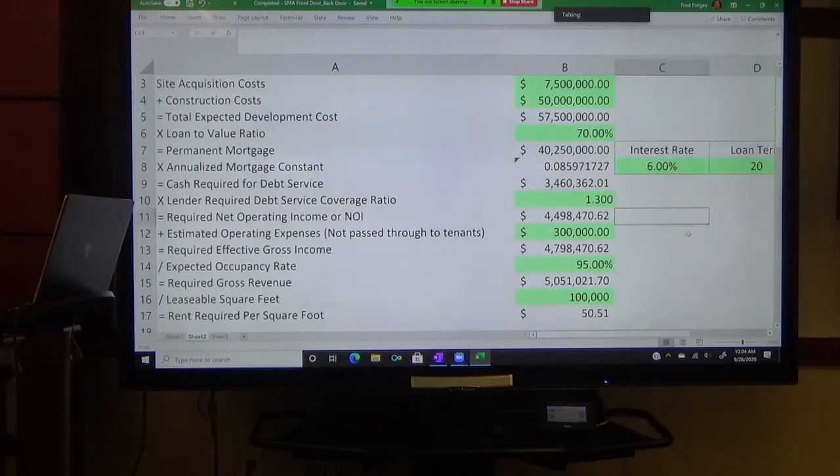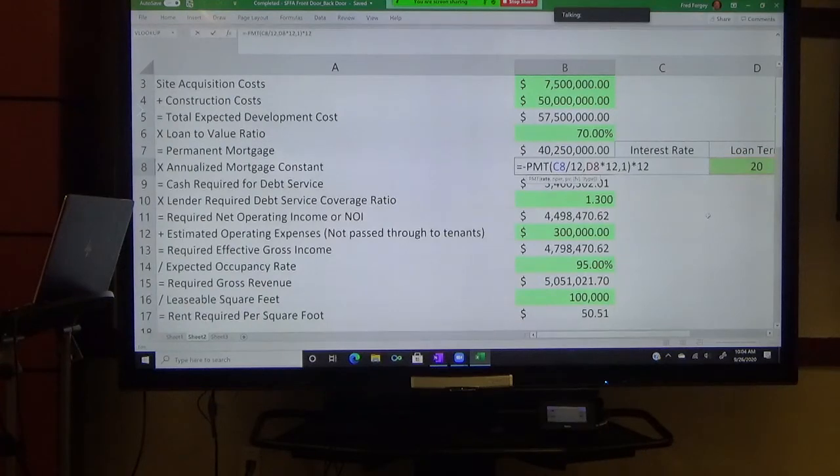Can you show the annualized mortgage constant formula again? The actual Excel? Yeah. Let's see. Okay, now could you please show the calculation and walk through the type-up you did for the interest one more time?